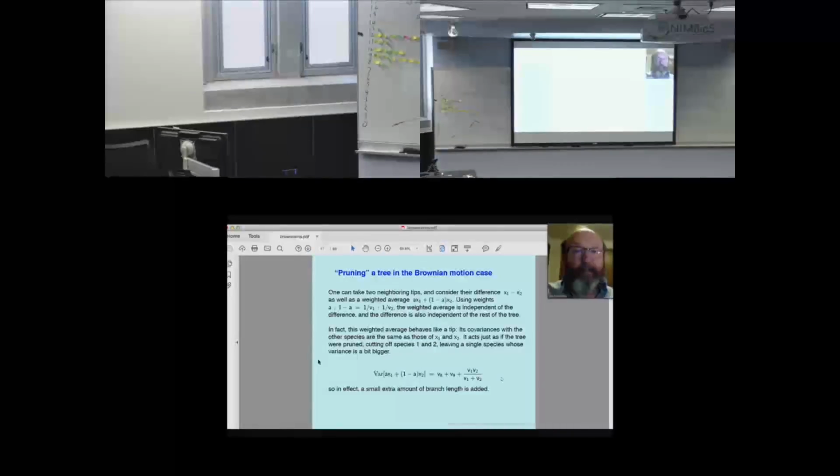Okay. I want to point out an algebraic convenience that comes up when you use Brownian motion.